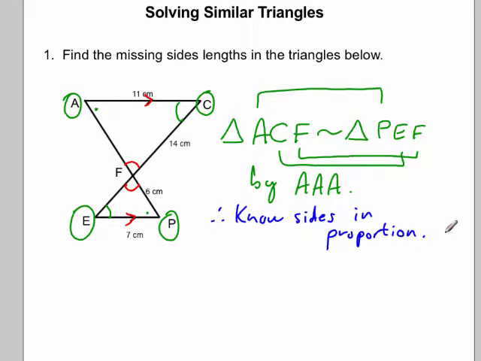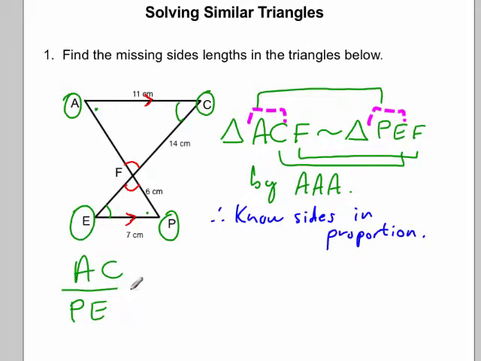Alright, so that means that I can relate corresponding sides. So what are the corresponding sides? Well, I can look at the figure or I can look at my notation. I'm going to do it both ways. I can see that AC would match up with EP, as I showed when I rotated it. I can also get that match by looking here at this symbol. AC should match PE. So I can write AC divided by PE.